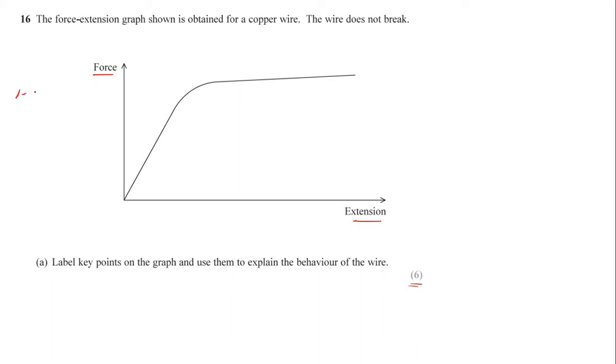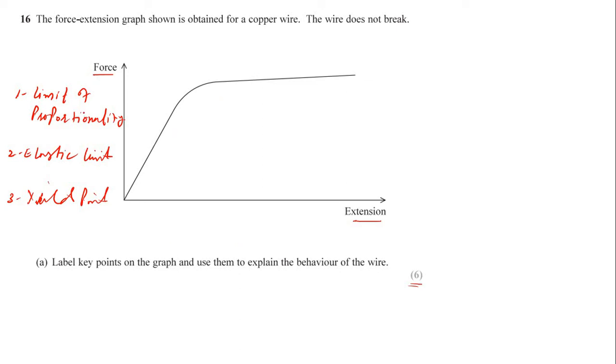Number 1 is the limit of proportionality, the first point. The second one is the elastic limit. And the third one is the yield point. So these are the 3 points generally on a force extension graph.